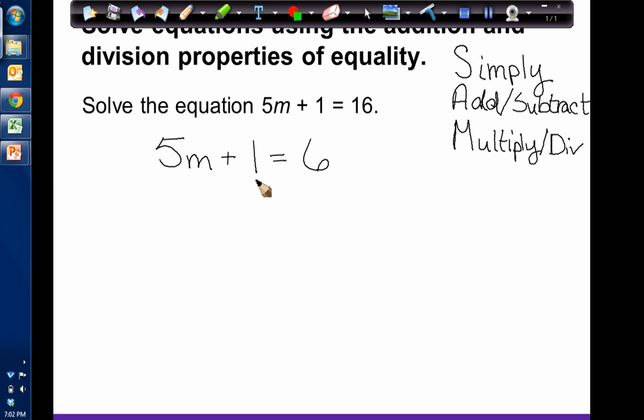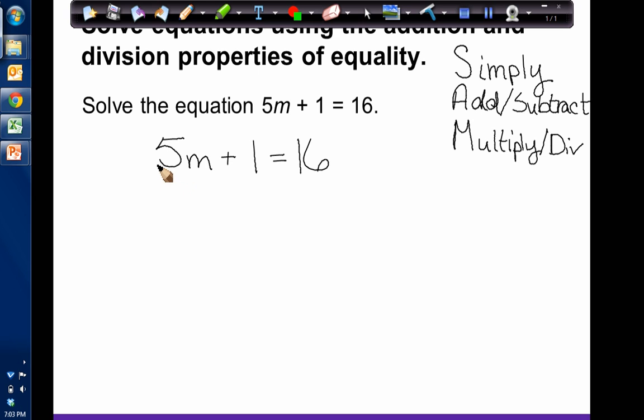Can we simplify 5m plus 1 at all? No, we can't add this because they're not like terms. Can we simplify 16 at all? Again, no, 16 is already simple as it is. So we move on to the add subtract step. Our goal, always think about your goal, is to get m by itself.